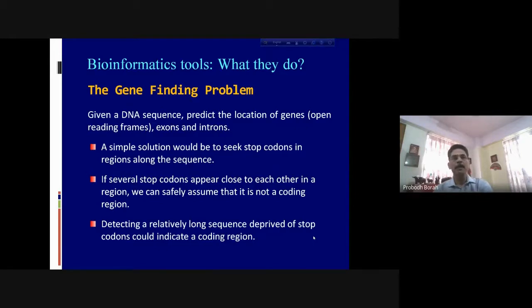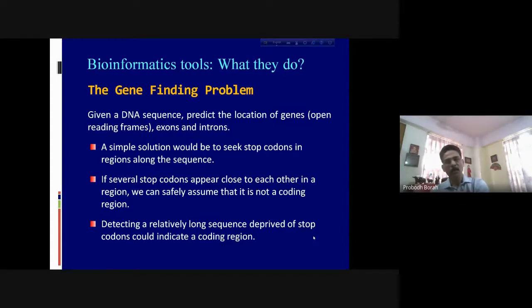Say, for example, one of the important problems to the biologist earlier while studying conventional biology is to find out the genes in a genomic sequence.